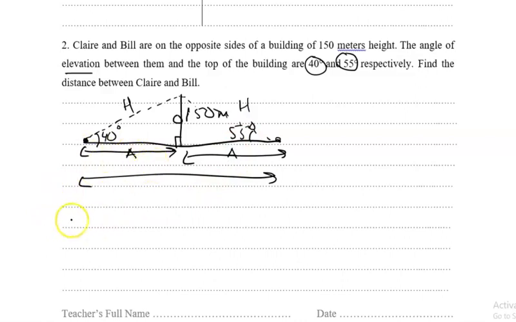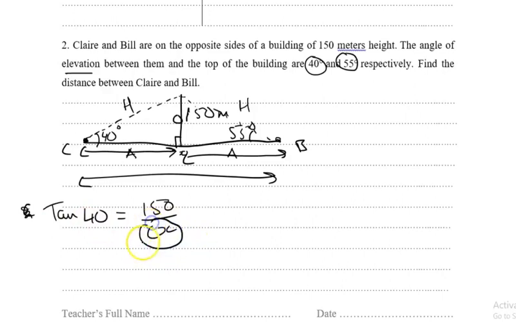So to work out the adjacent here, let's write down tan 40 equals 150 over, and let's write A over here, B over here, and X over here. So this line is going to be CX and this line is going to be BX. Now to work out the value of CX, we take this to the other side, as we can't move the numerator.